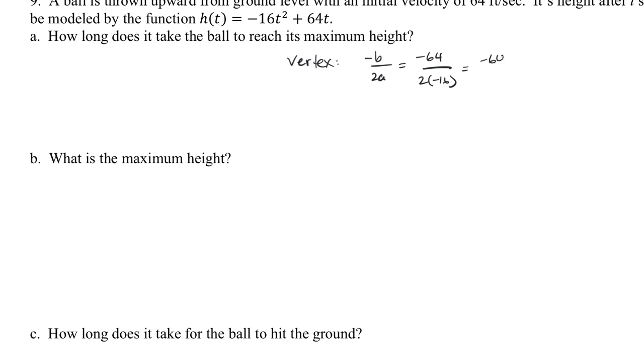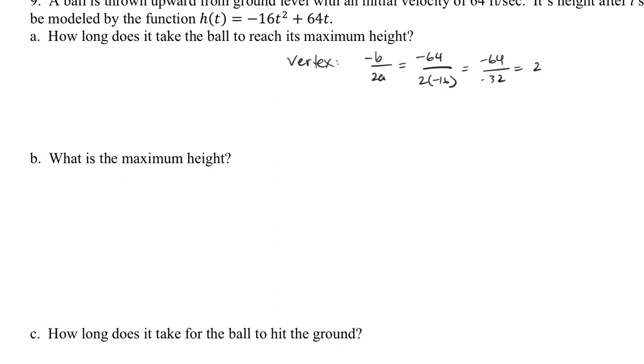So that's -64 over -32, which is 2. But you have to remember that this vertex formula only tells you the x value of the vertex. In this case, we have t for time. So this formula tells you that the t value of the vertex is 2.